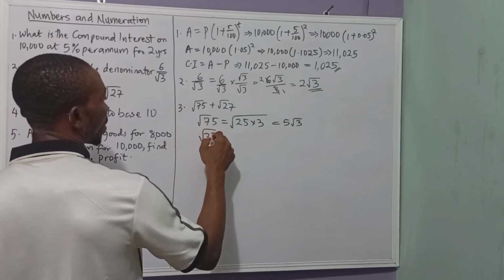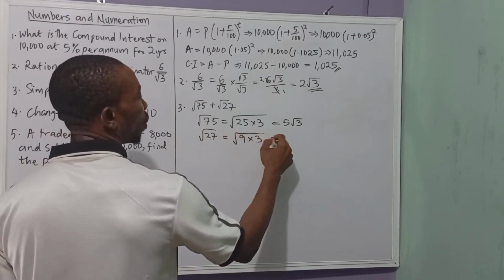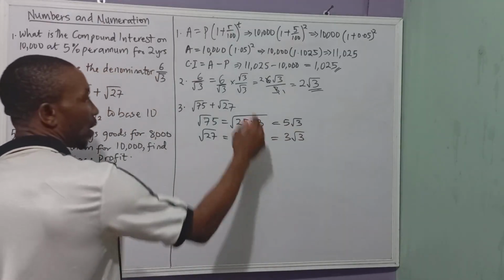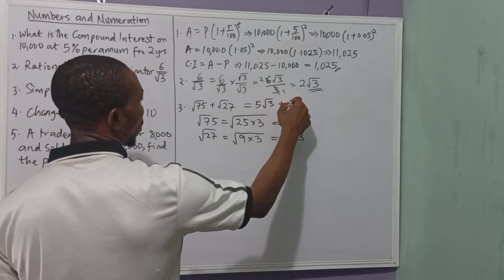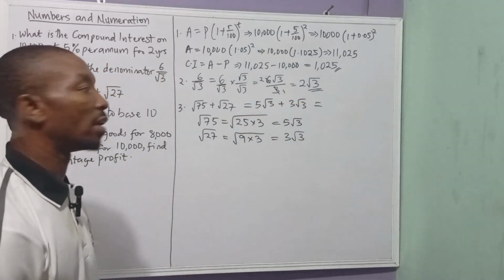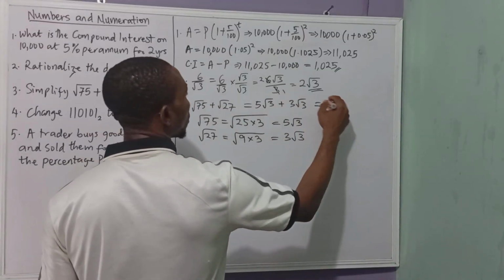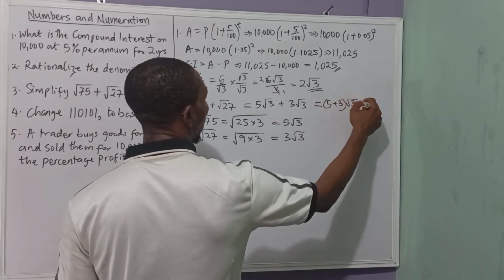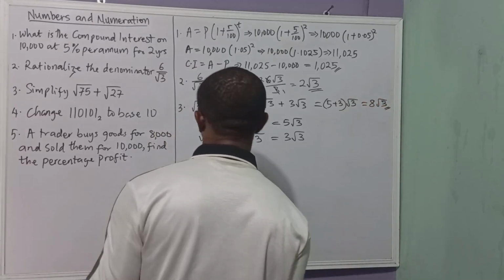And root 27 gives us 9 times 3 to be 27. So this gives us 3 root 3. Now bringing two of them together, this is 5 root 3 plus 3 root 3. Now you see we have a common root sign, so we can add them. So factorizing this root sign becomes 5 plus 3 root 3, which gives us 8 root 3 as our final answer.